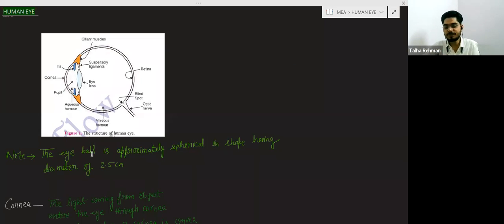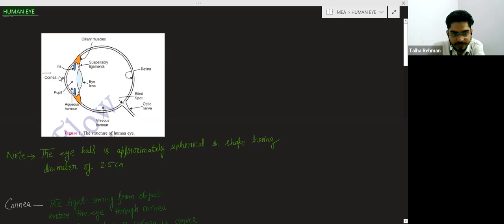Exactly, the shape of the eyeball is not spherical, but to make the study of the eye easy, we consider the eyeball as a sphere. So the eyeball is approximately spherical in shape, having a diameter of 2.5 centimeters.